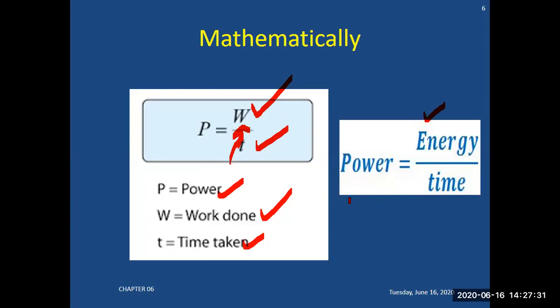And if anybody asks you how you define 1 watt, it is basically if 1 joule of energy is consumed by an electrical appliance in 1 second, the power will be 1 watt. Look in your homes, you see watt used for different types of electrical appliances. What does it mean? It means how much electrical energy is consumed in 1 second. So that's why the watt unit is used. This is the concept of power in case of electrical energy.